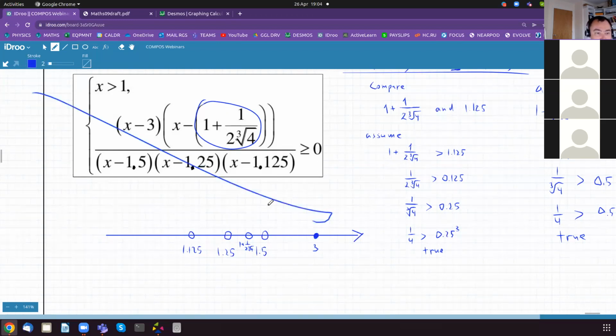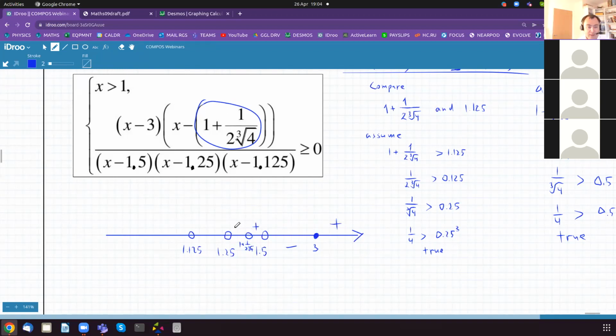I draw the line. So greater than 0. So check a very positive number, like 100. It will give you a positive. So positive, negative, positive, negative, positive, negative.